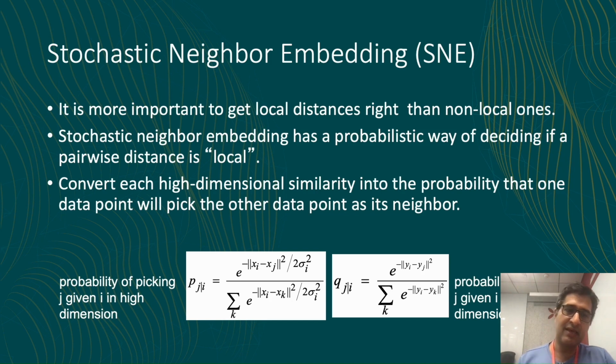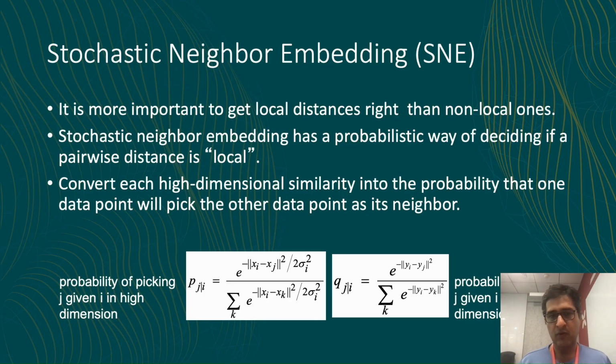So the first term that you see over here, the Pj given I, essentially denotes that. A similar term in the lower dimensional space can be computed similarly in here, just that the lower dimensional space is normalized, so that's why the sigma terms disappear.